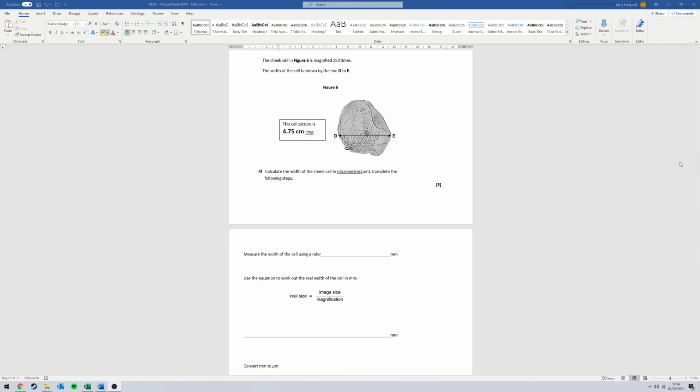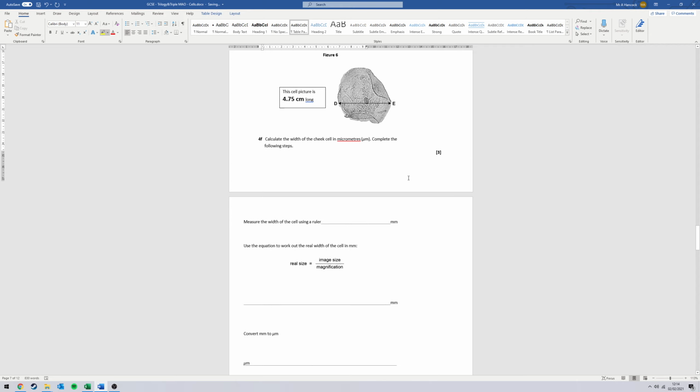The cheek cell in Figure 6 is magnified 250 times. The width of the cell is shown by line D to E. And because we can't print it out and get a ruler, I have told you how many centimeters long that line is. 4F.